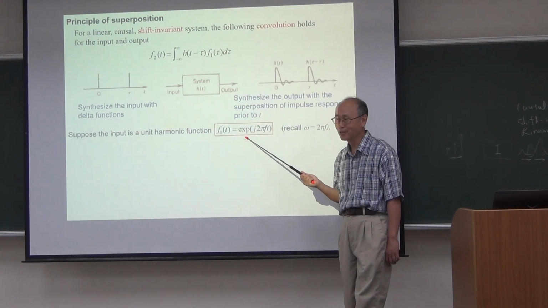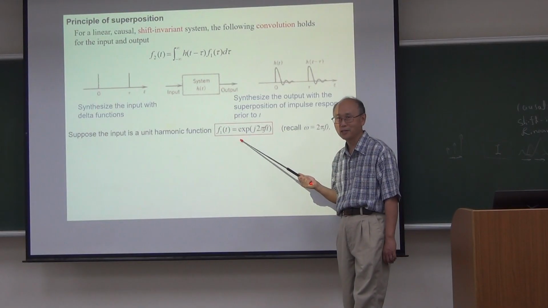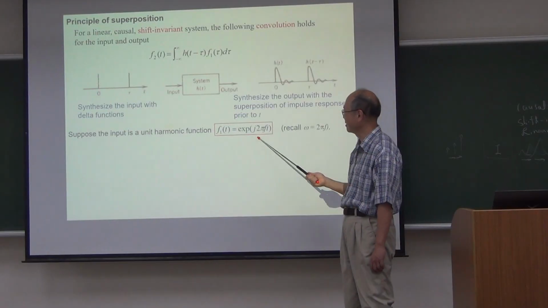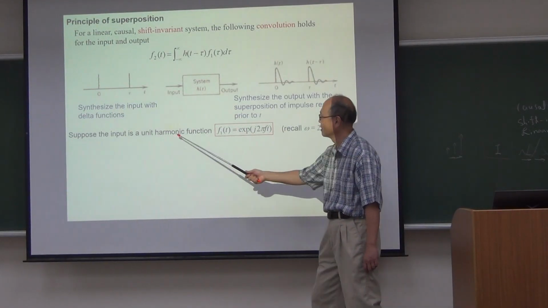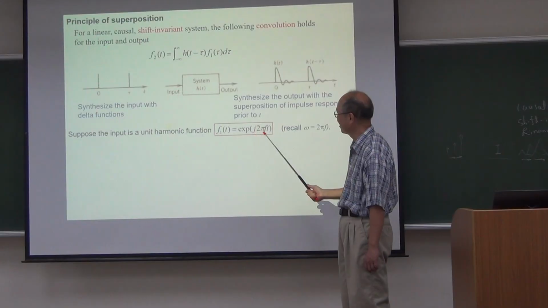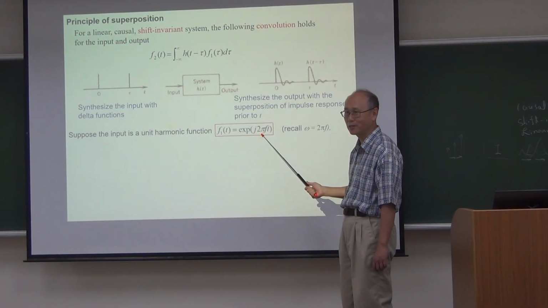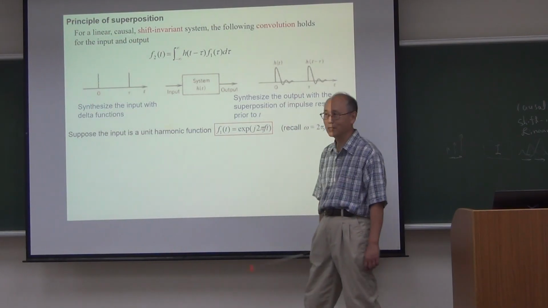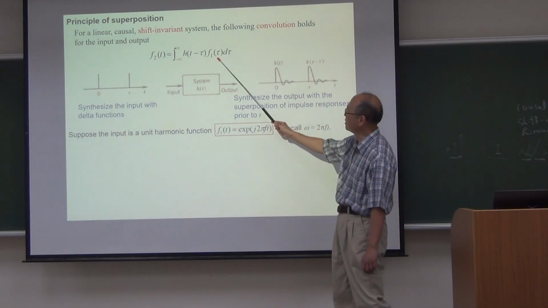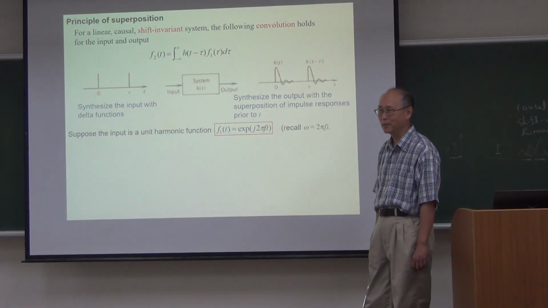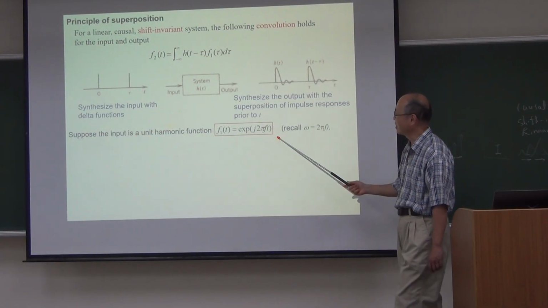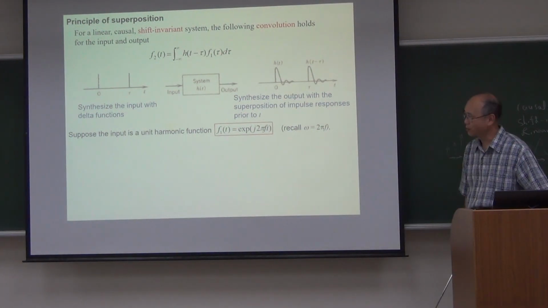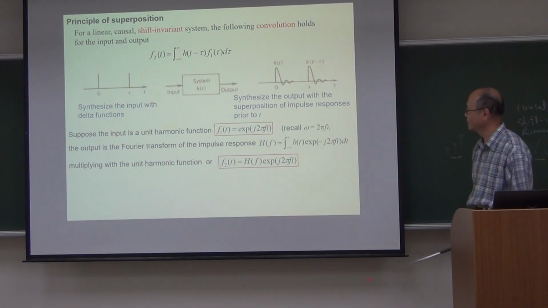I can do it. Suppose the input looks like this. It's a unit harmonic function because it has e to the j omega t dependence, so it is a harmonic function. The amplitude is 1 because it's a unit harmonic function. We put it into this configuration. What will happen? When you put it into this expression, you find that this is just a Fourier transform.